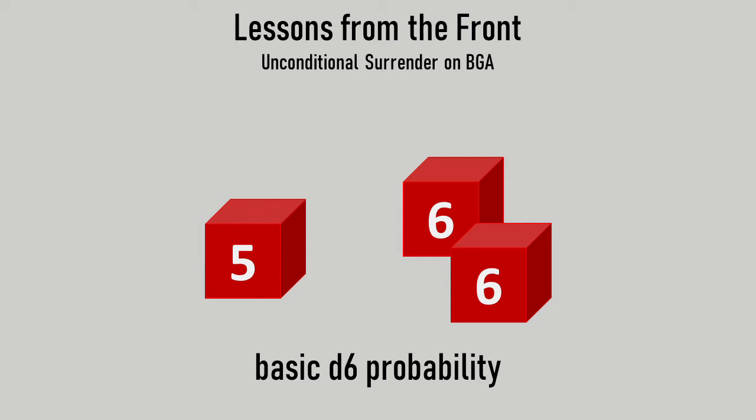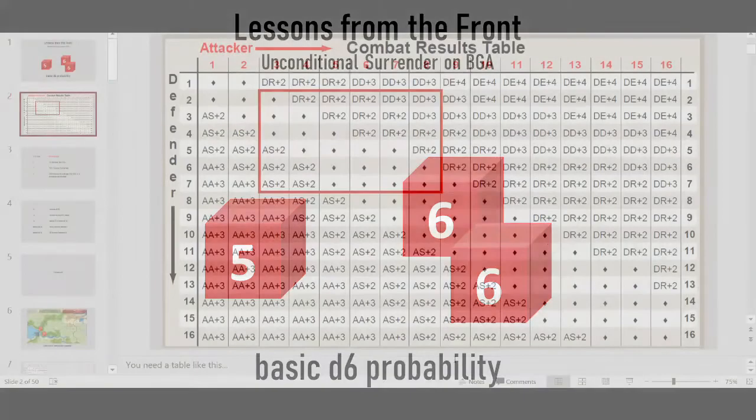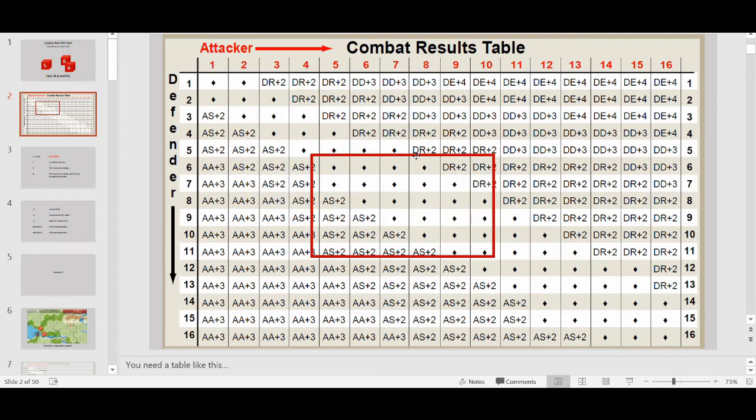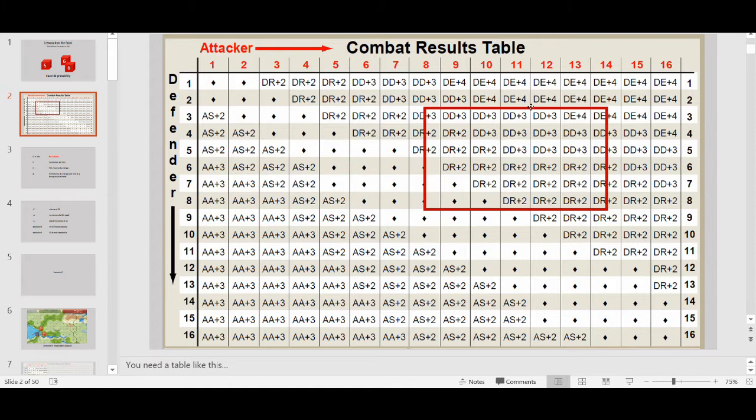But let's begin with the combat results table. This is something that I mocked up in PowerPoint, and it was literally one of the very first things I did. It's an enlarged version of the combat results table, and superimposed on top of it is a box that I can move around the table to indicate different results.